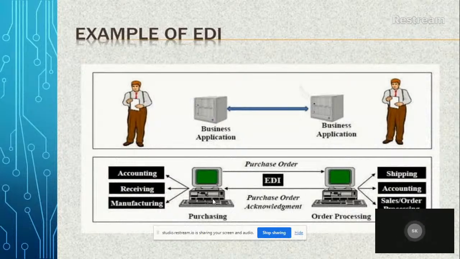All the information to be purchased is entered in the second computer, that is shipping and then accounting, and the order is processed and the acknowledgement is sent to system one, that is the customer. The purchase order acknowledgement is sent, and at the end the order is placed. If there is a shortage of stock for other customers, information is sent that manufacturing is necessary. This is the basic EDI procedure and how it performs.